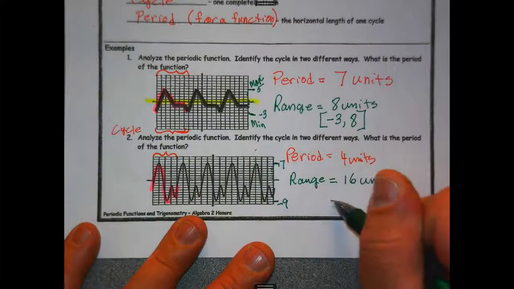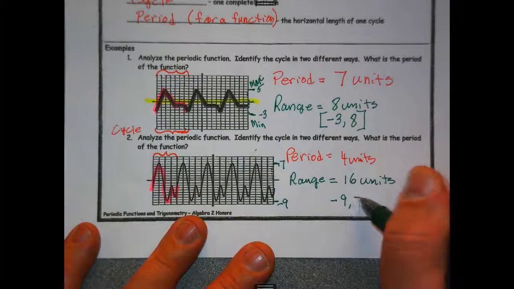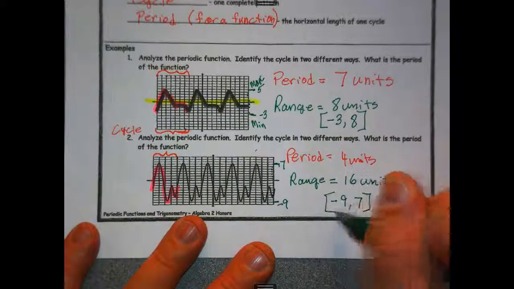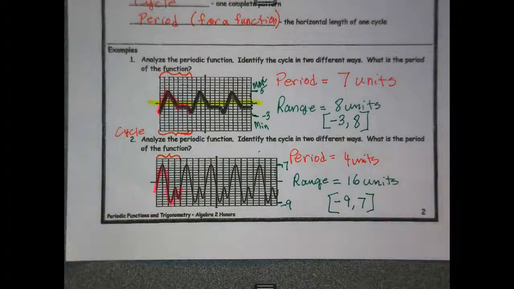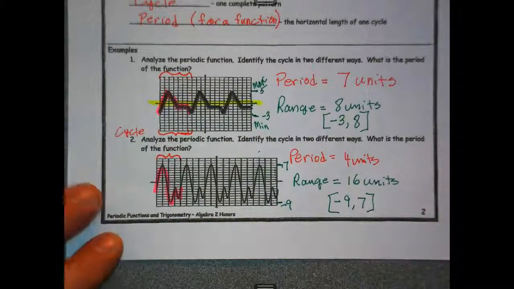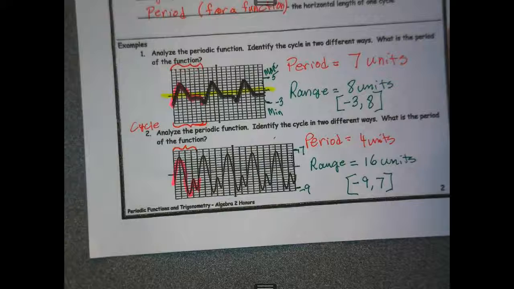I'm going from negative 9 to positive 7, including those numbers. Okay? Now I got a headache from counting these.